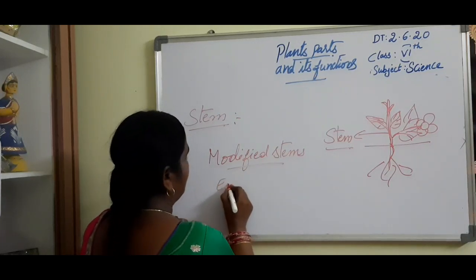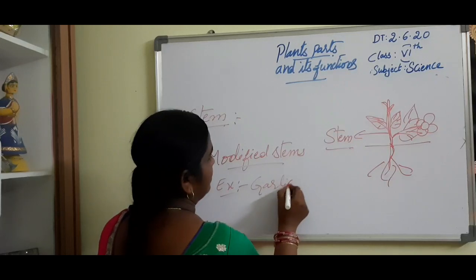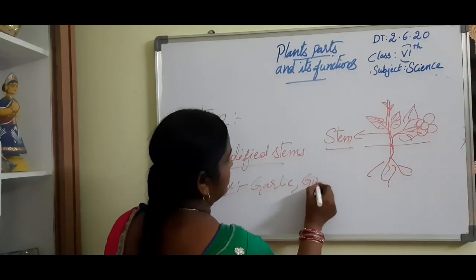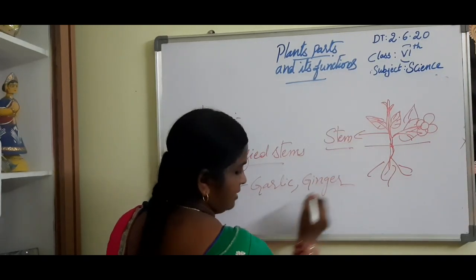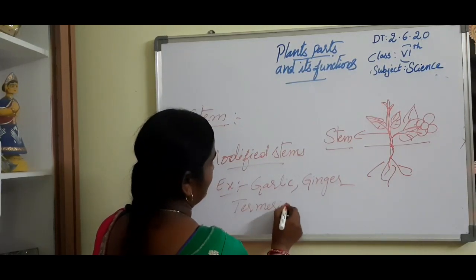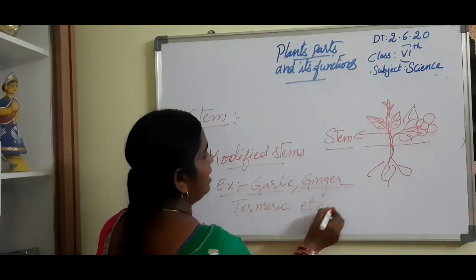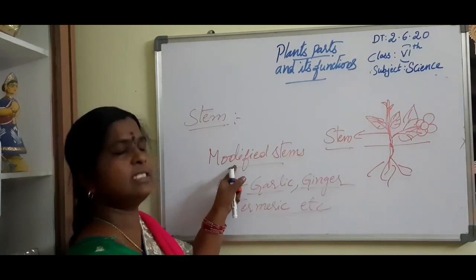Examples: garlic, ginger, turmeric, etc. These are all modified stems.